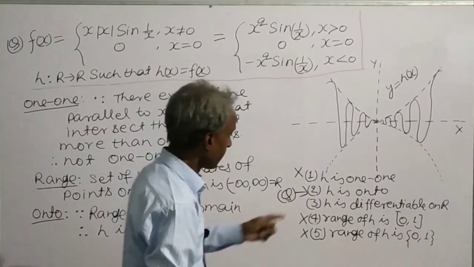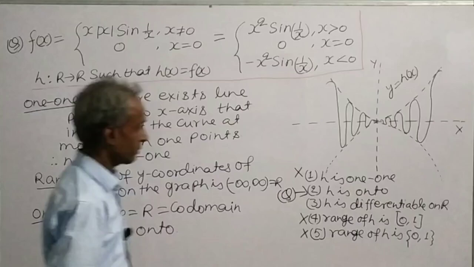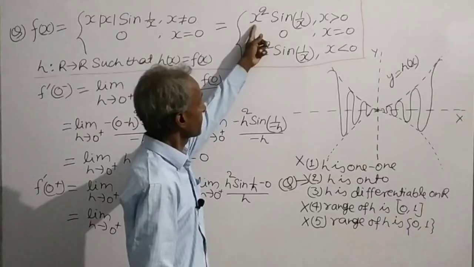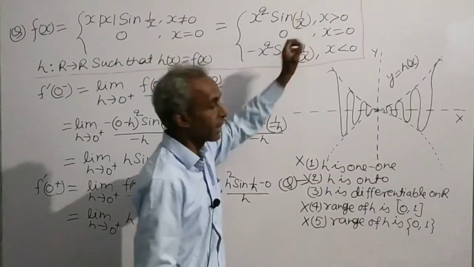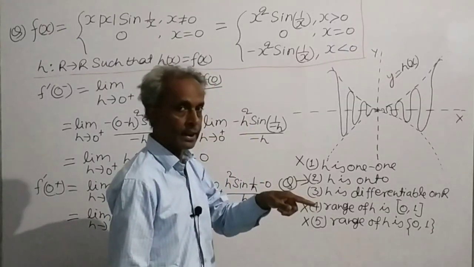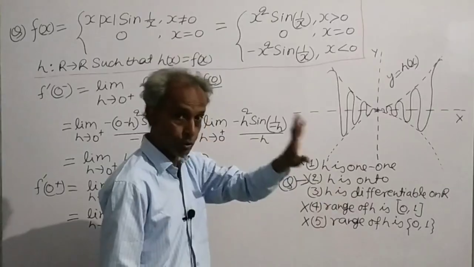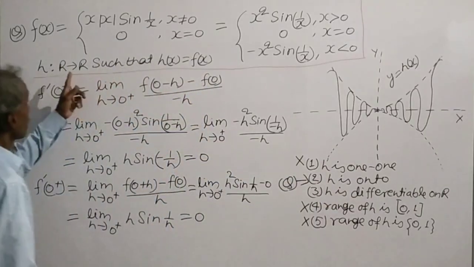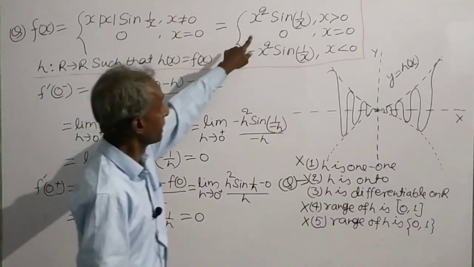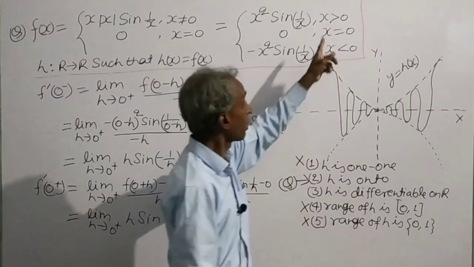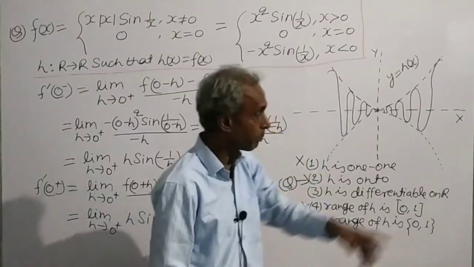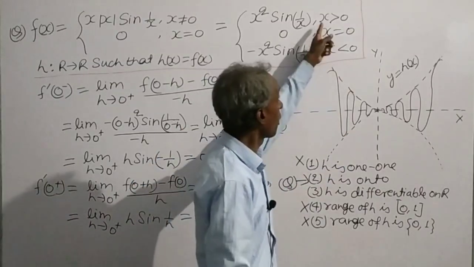Now we will check this entry 3. Since x square sin 1 by x is differentiable at all real x except x is equal to 0, therefore this h, which is equal to f, will be differentiable for all positive real values of x.